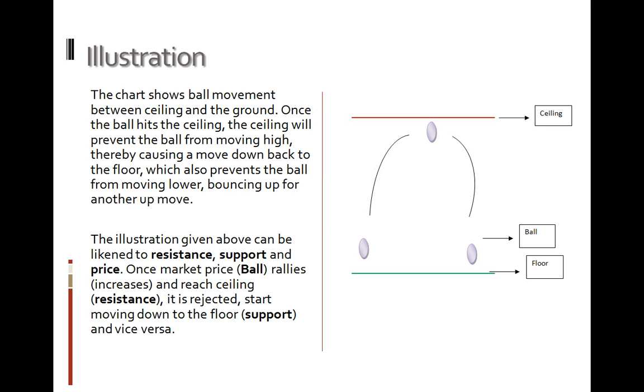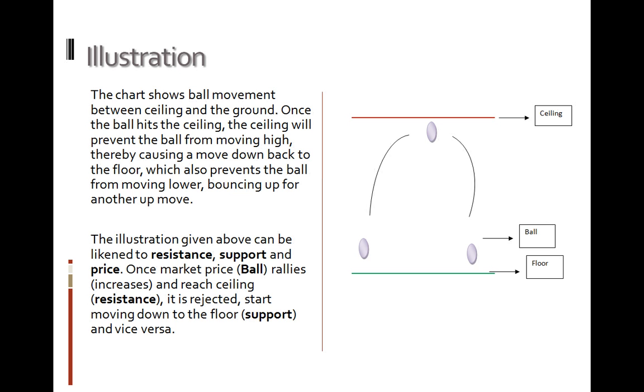Once market price, that is the ball, rallies and reaches the ceiling, that's the resistance, it is rejected and starts moving down to the floor. So in FX we are seeing basically how price is moving between support and resistance.